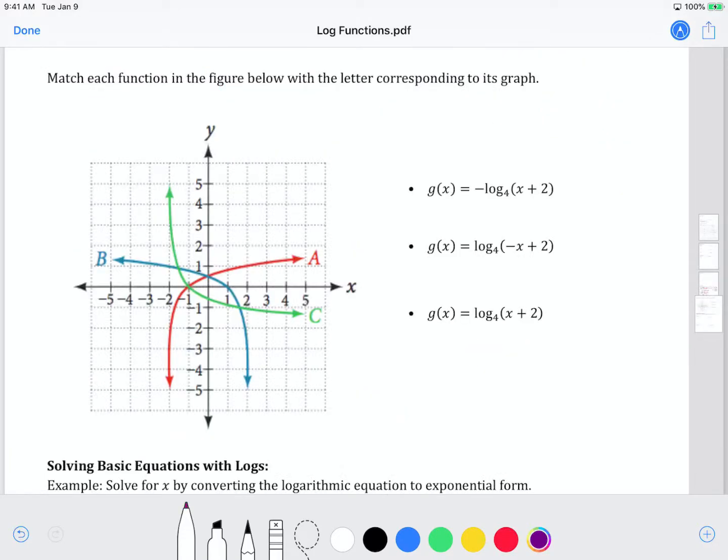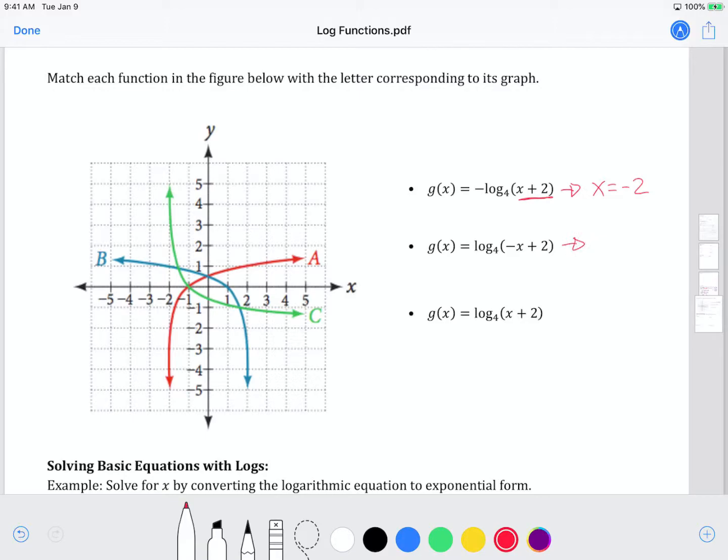Now for this example here, we're going to use our knowledge of graphs of logs, their domain, and their vertical asymptotes to determine which equation is matched with which graph. So if we look at the first one, I'm going to have a vertical asymptote at -2 because that's what makes inside here 0.